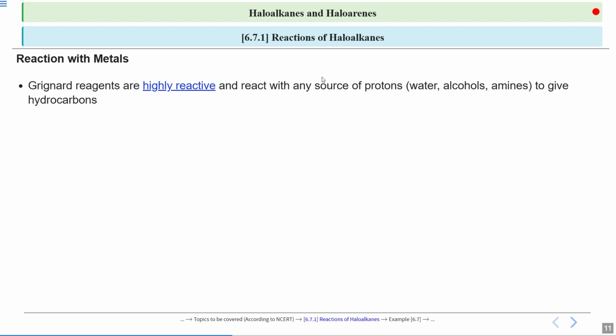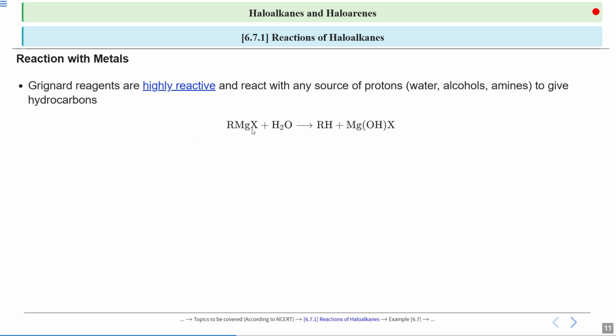With that source, the Grignard reagent is highly reactive. Water provides H positive, alcohol can also provide H positive, amines can also provide protons. So with these molecules, the Grignard reagents show high reactivity to give you a hydrocarbon as your product.